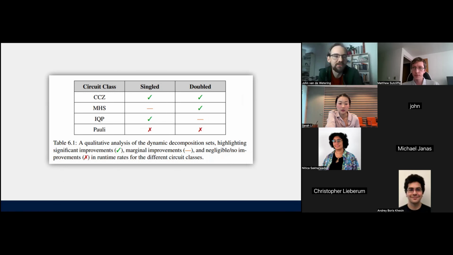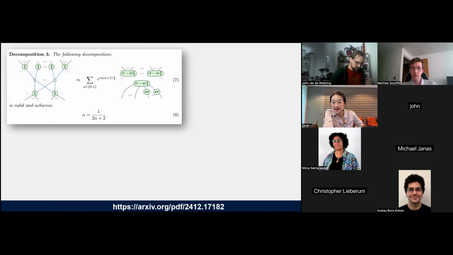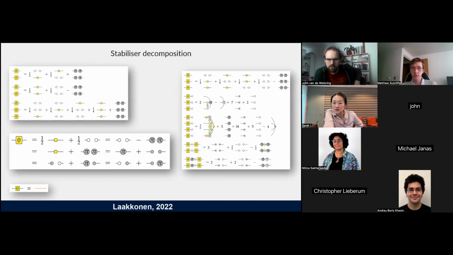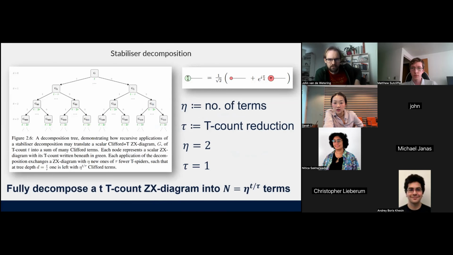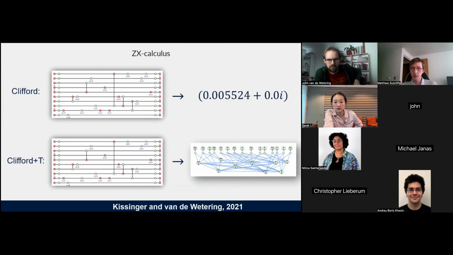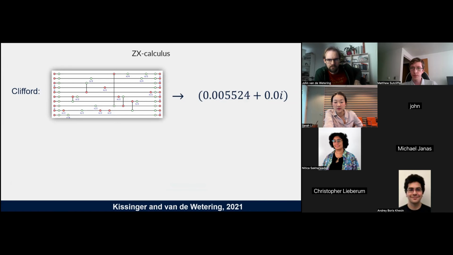Questions, comments? I have a question about earlier when you talked about the rewrite rules. You demonstrated a diagram that involves a Hadamard gate at the bottom right corner. Are those rules part of the... This one? No, previous.